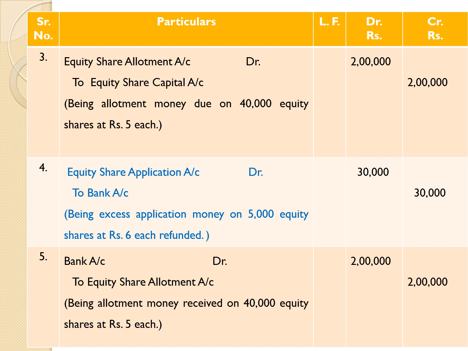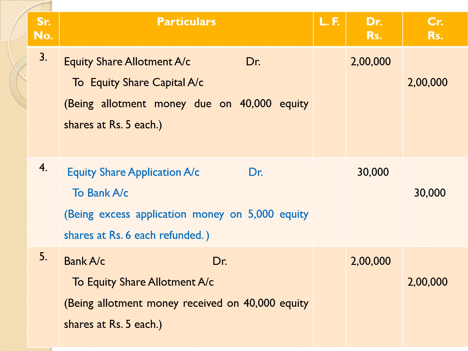Therefore, allotment account will be debited by considering number of shares issued into amount called on allotment. Here, number of shares issued 40,000. Amount called rupees 5. 40,000 equity shares into rupees 5 is equal to 2 lakh.